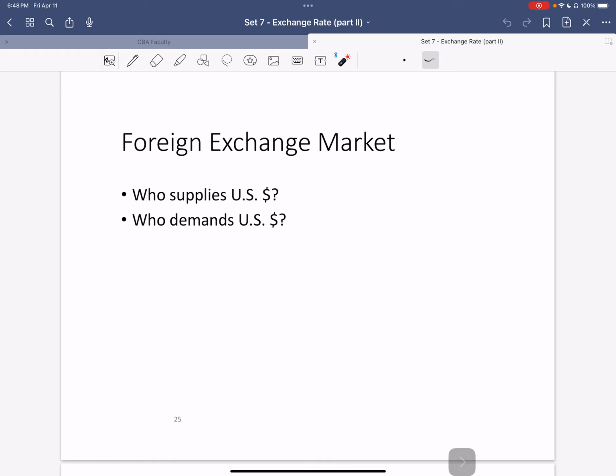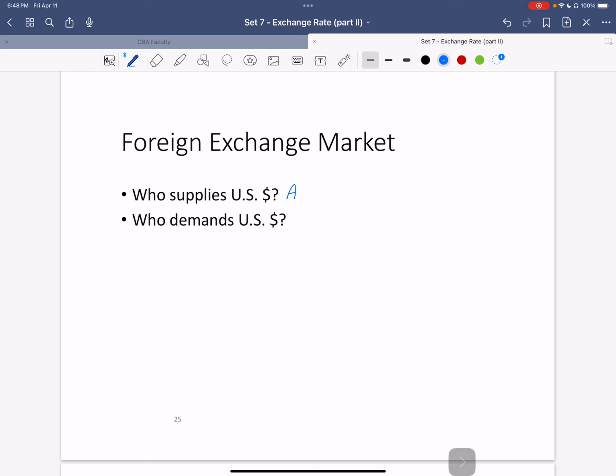Earlier I asked you to think about who is the supply side of the US dollar and who is the demand side, and I hope that you have thought about it. Now I want to let you know who the parties of the market are. US dollar suppliers are the Americans who are buying goods or services or investing in other countries.